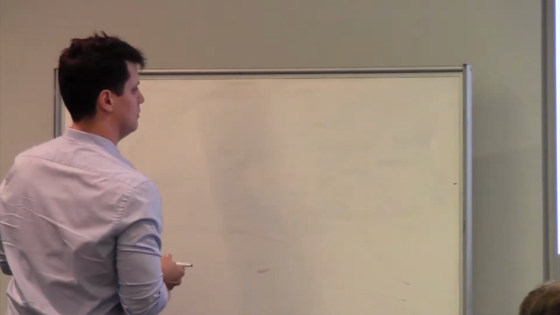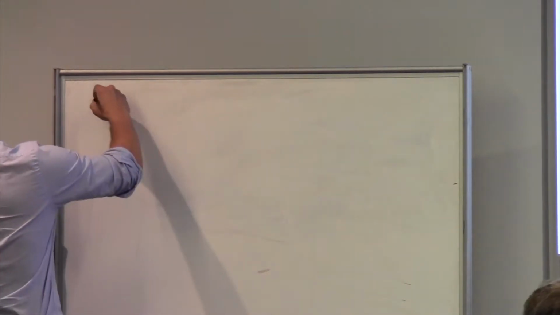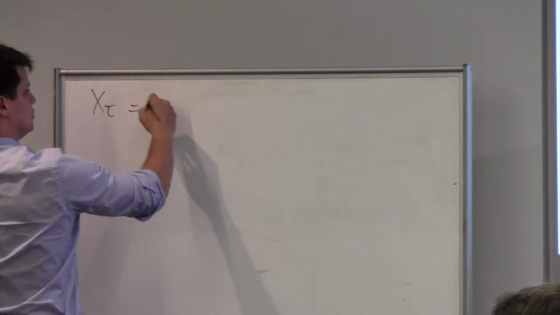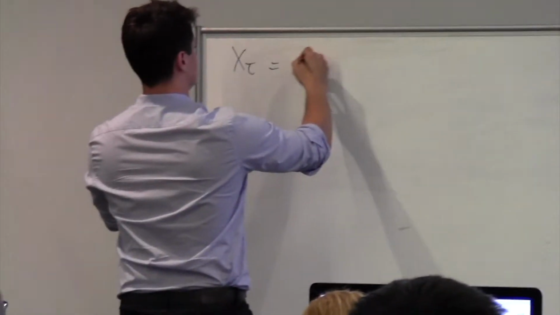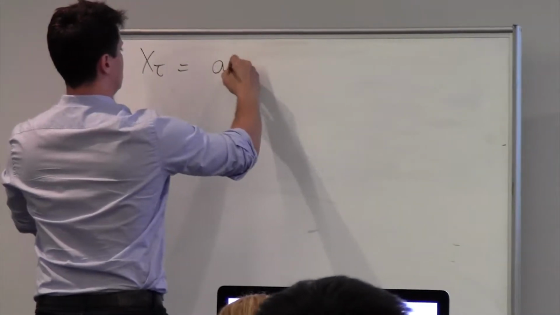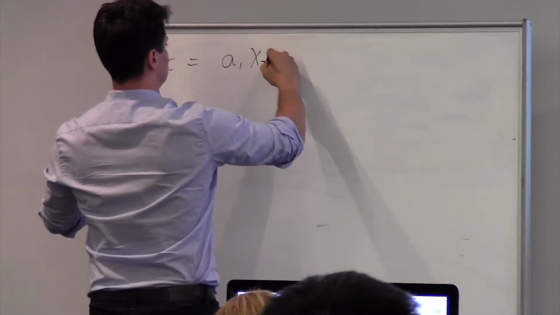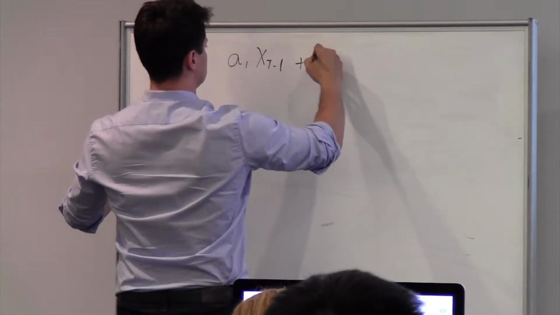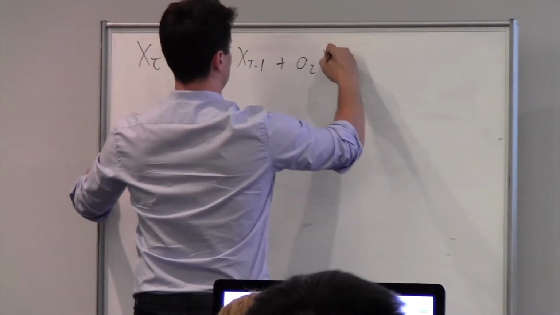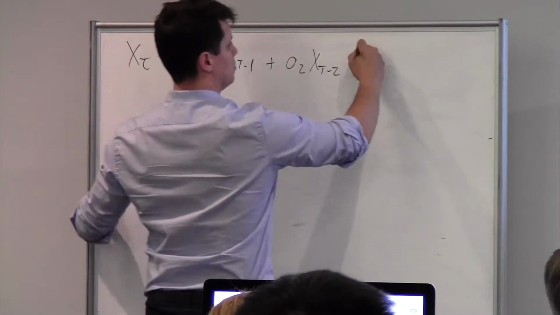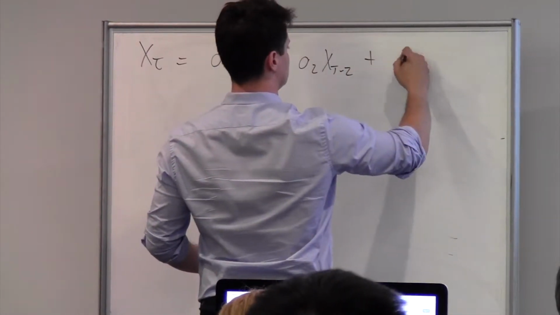So the model that we are running here is xt equal to a1 xt minus 1 plus a2 xt minus 2 plus the error term.